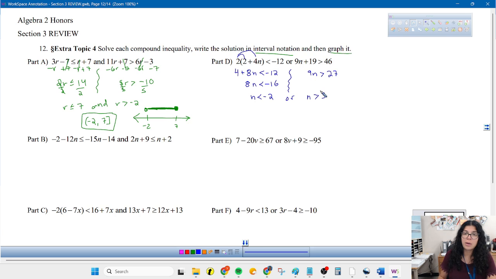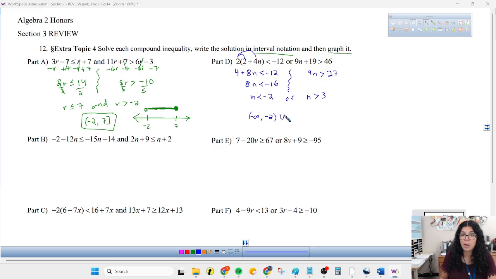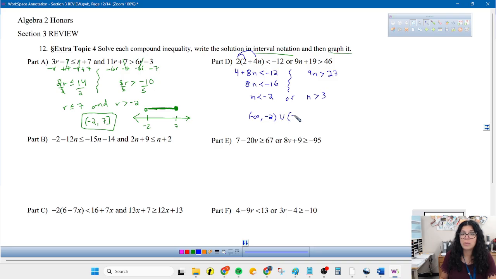Since we are looking for numbers that are less than negative 2 or greater than 3, those are two separate inequalities. So we're going to have from negative infinity up to, but not including, negative 2. All of those numbers are a solution, or the other part of the solution is from 3, not including 3, all the way to infinity.